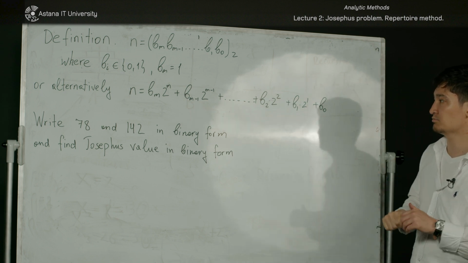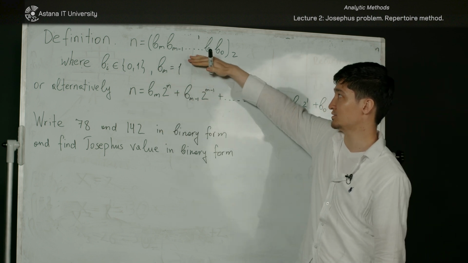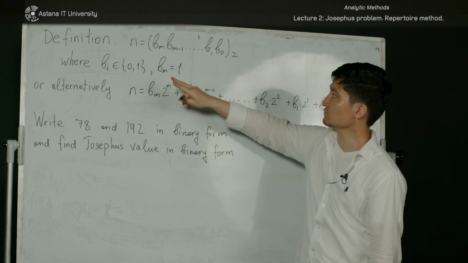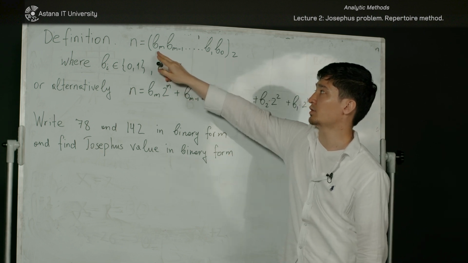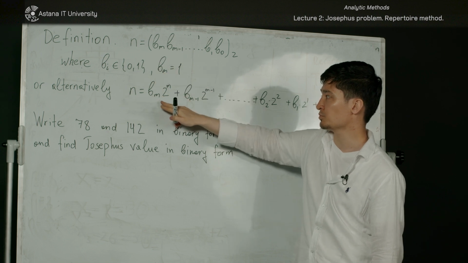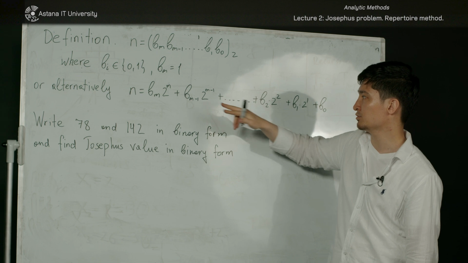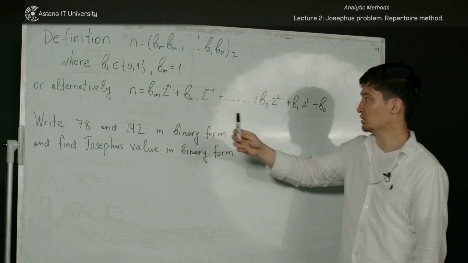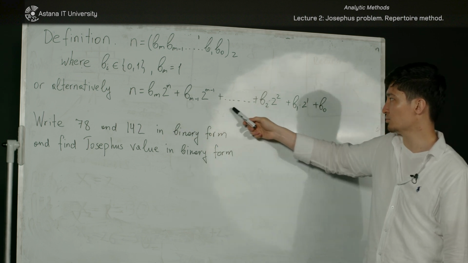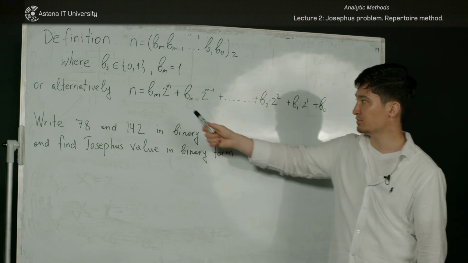What this means is that b sub m corresponds to 2 to the power of m, b sub m minus 1 corresponds to 2 to the power of m minus 1, and so on. We're adding up all these numbers to get at the end this value n.